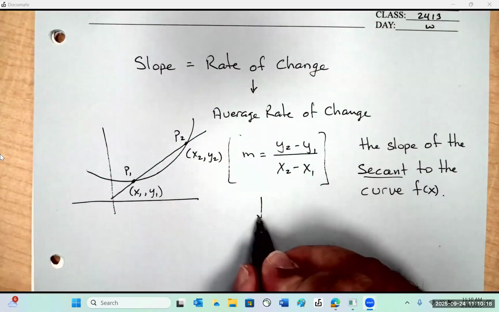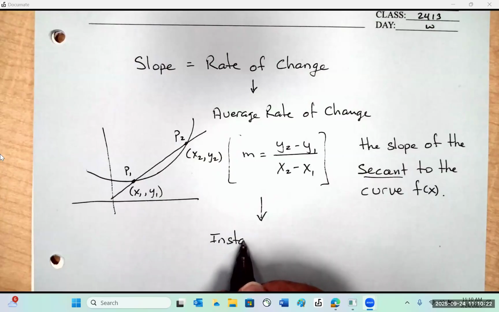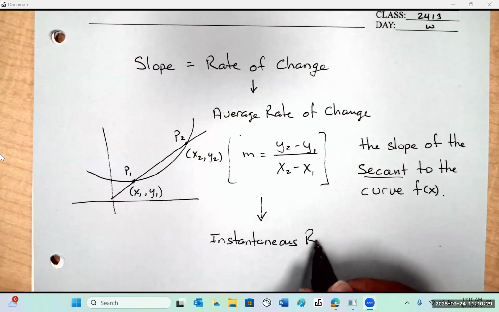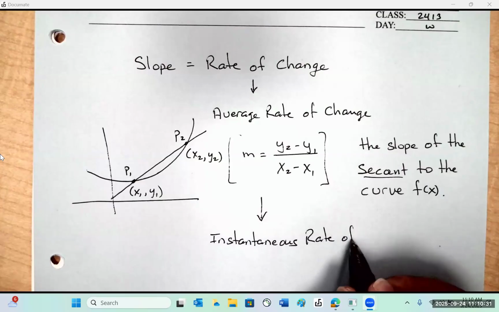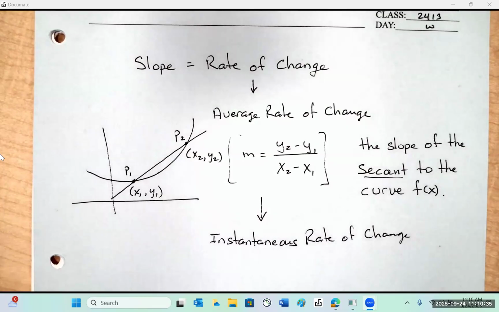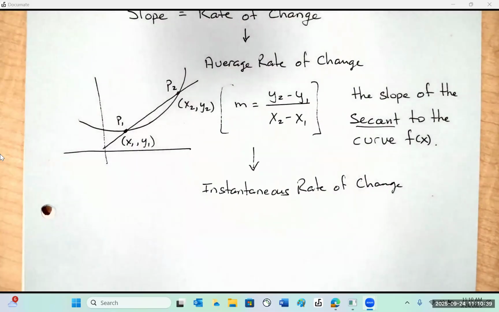And then we moved on to an instantaneous rate of change. What's the formula for that one?